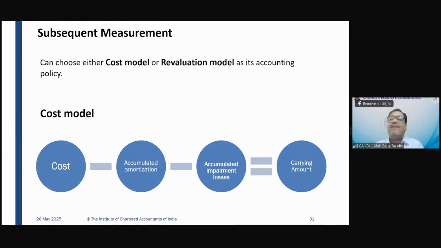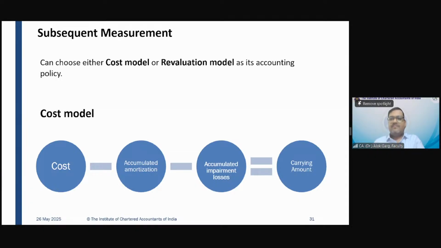For one software, the fair value is not clearly identifiable. In that case, what will happen?